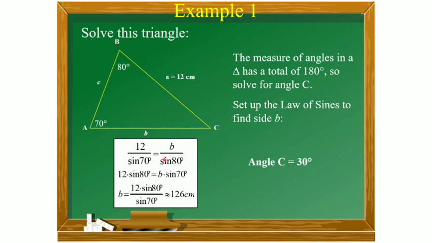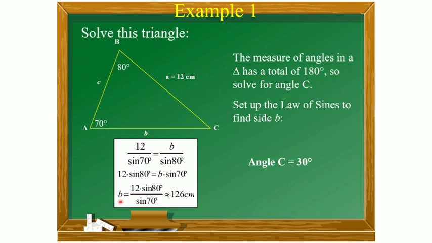By cross multiplication, we will get 12 times sine 80 degrees is equal to B times sine 70 degrees. Next step is to divide both sides by sine 70 degrees so that B will remain by itself.